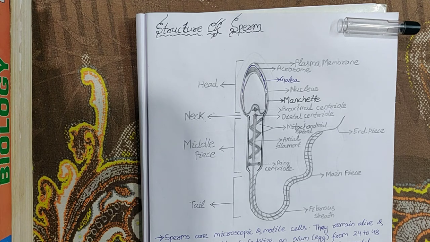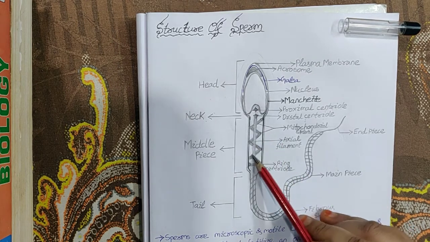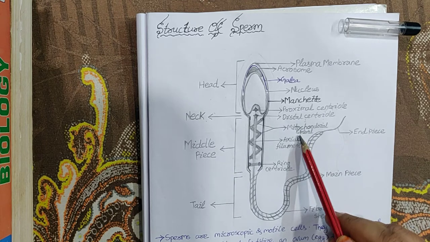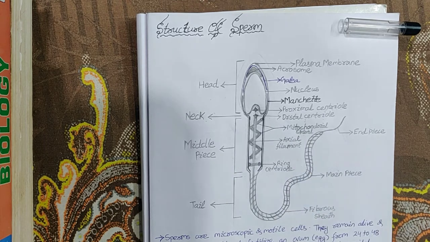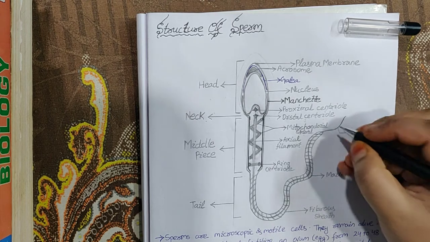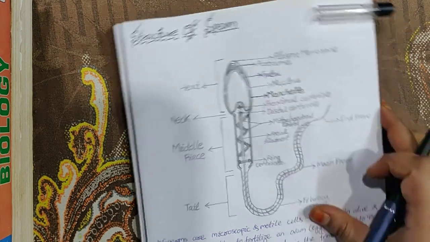This spiral arrangement of mitochondria is called the mitochondrial spiral, or we also call it Nebenkern.